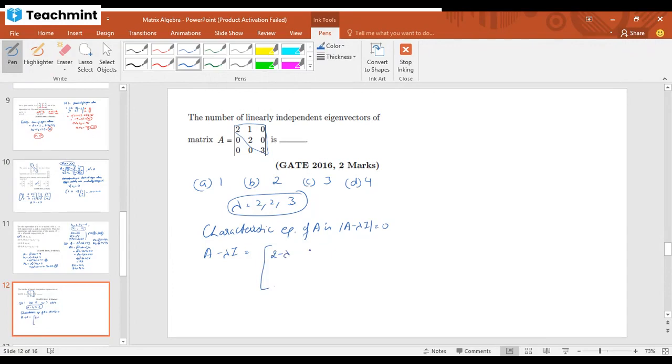2 minus lambda, 1, 0; 0, 2 minus lambda, 0; 0, 0, 3 minus lambda.